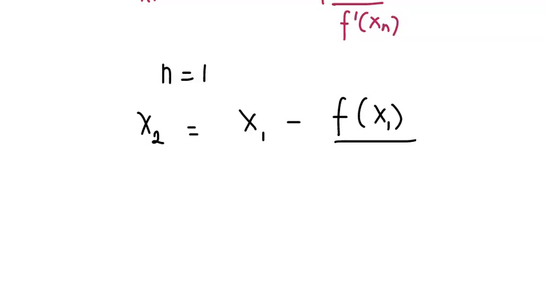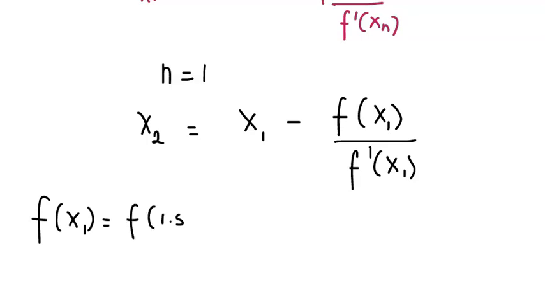Then divided by f prime of x of 1. So we need to compute f of x of 1. So f of x of 1 is equal to f of 1.5, because that is x subscript 1, right? So this is going to be equal to 2 raised to the power of 1.5 plus 1.5 minus 5.